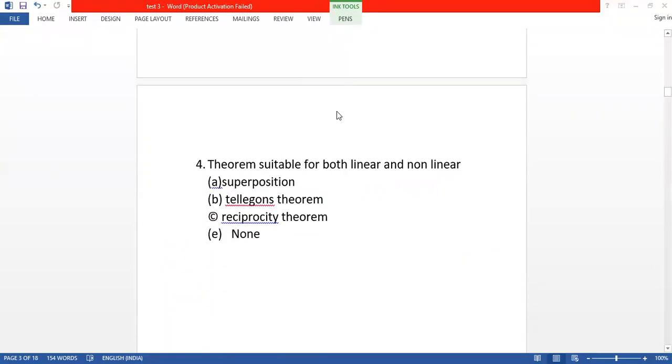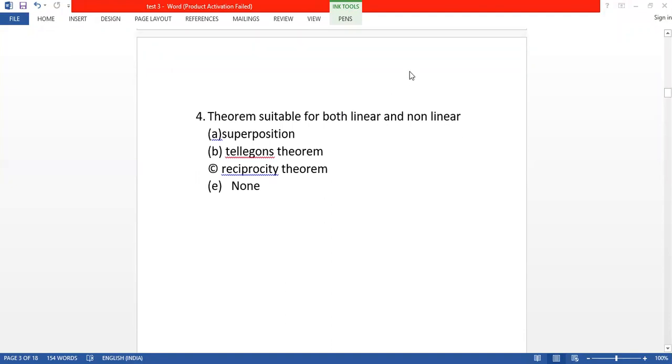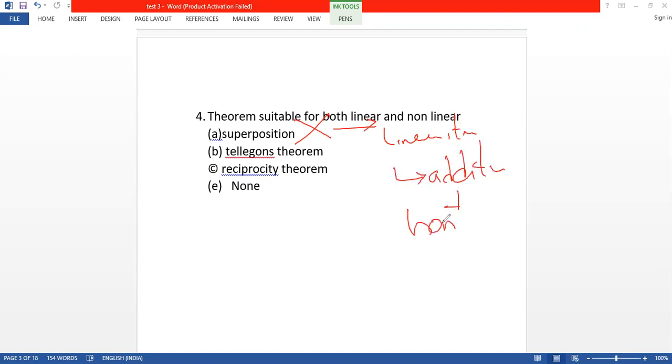Let us see which theorem is suitable for both linear and non-linear. Tell me please. Superposition? No. Strictly no. It should follow the linearity principle. Linearity means additivity plus homogeneity. What is the homogeneity principle?